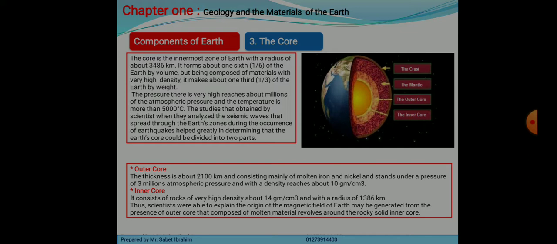Scientists were able to explain the origin of the magnetic field of Earth, which may be generated from the presence of the outer core, composed of molten material, revolving around the rocky solid inner core.